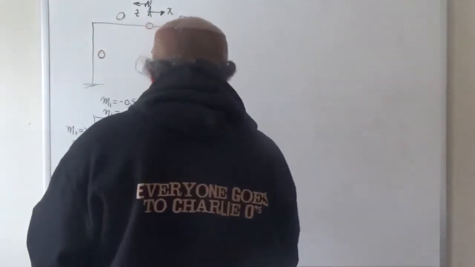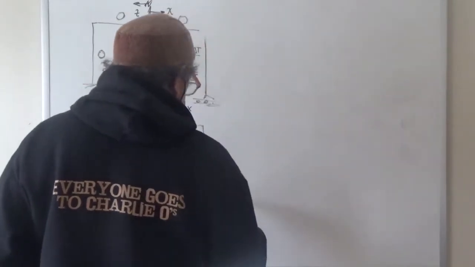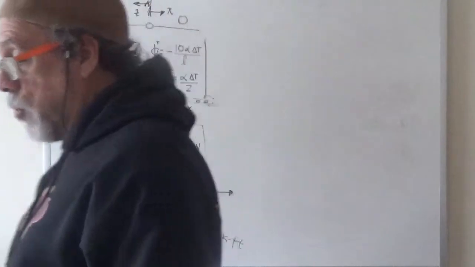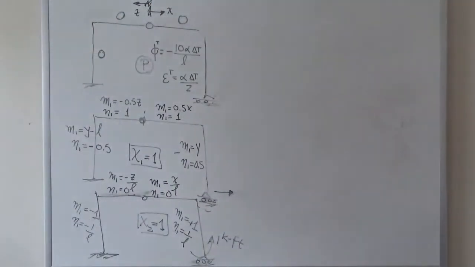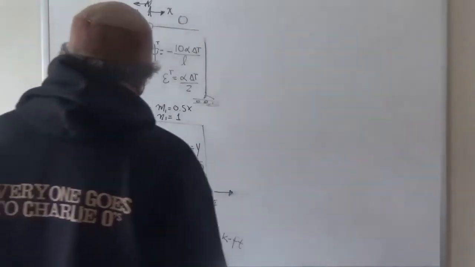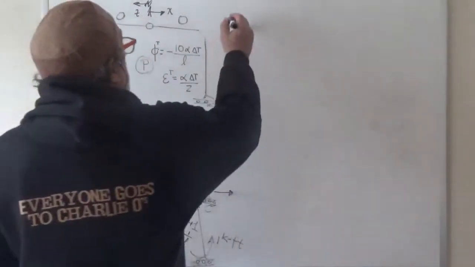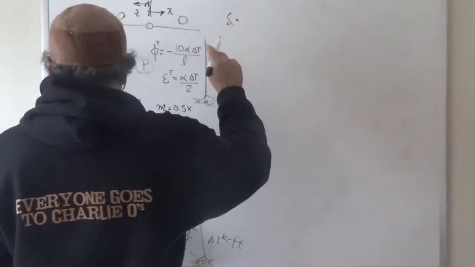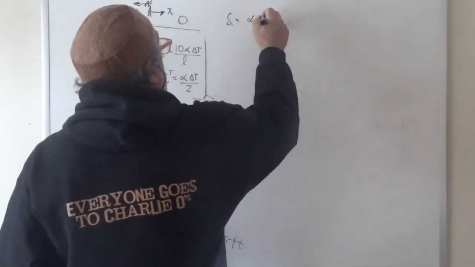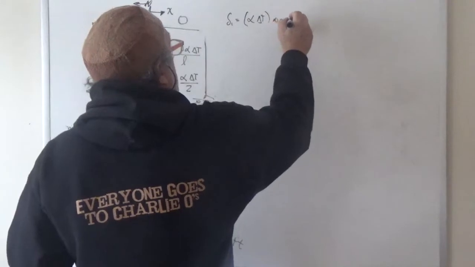Because if it's not consistent, it's obviously wrong, and since there is a high probability that one screws up somewhere along the way, it is absolutely necessary to check this, right? So you start with delta 1 and you say, okay, alpha delta t has no units, right? Alpha and delta t, no units.